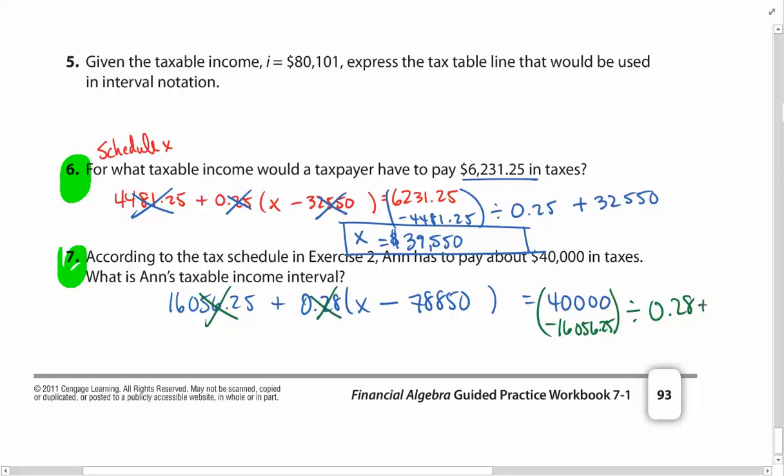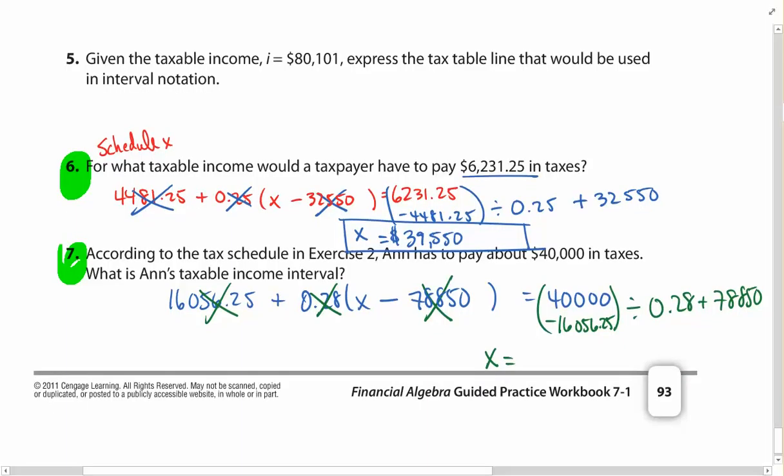And then finally add $78,850 to eliminate this number from the equation, leaving us with X by itself. And X calculates to be $164,363.39.